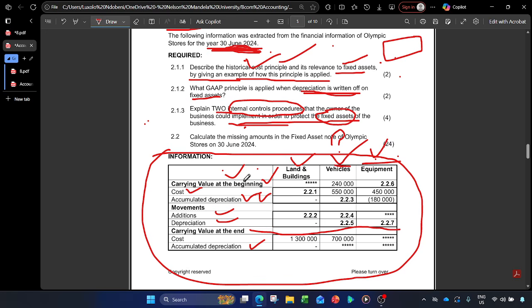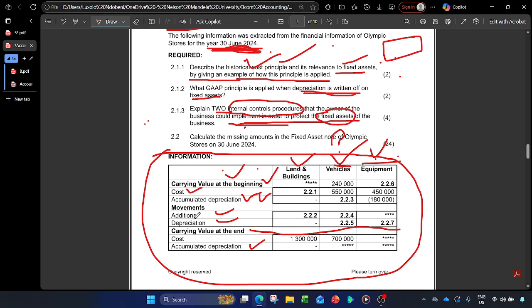So that asset is now valued at 20,000. It's no longer what we bought it for in 2015, but according to historical cost, we must record that asset at its original cost price.